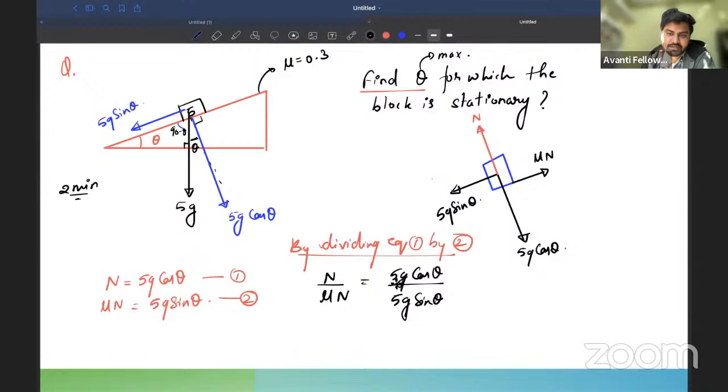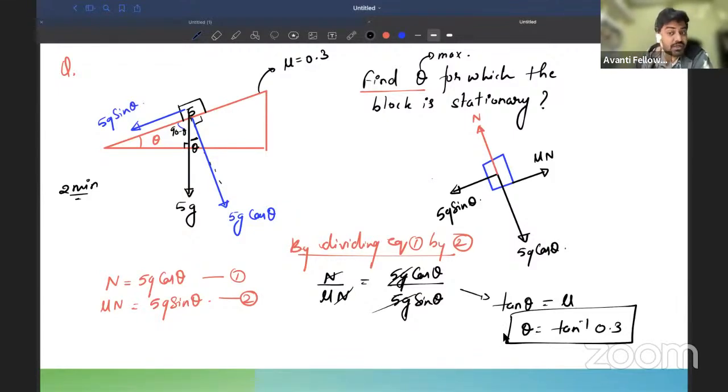This is g, not 9. 5g gone, n gone. So if I reciprocate it, tan theta is equal to mu. That means theta is equal to tan inverse of mu. How much is it? Mu is given as 0.3, so 0.3. This is the answer.